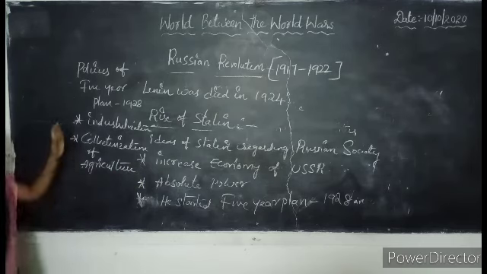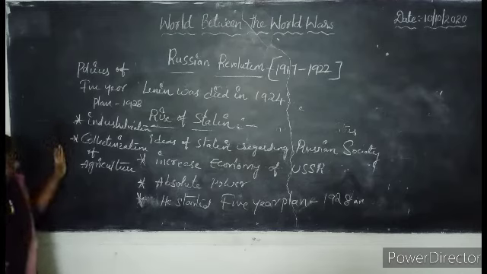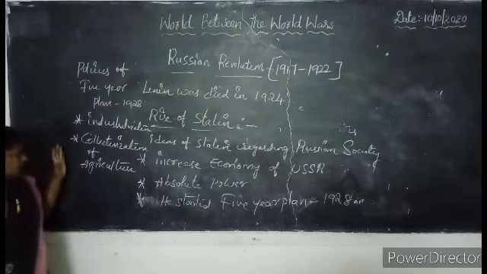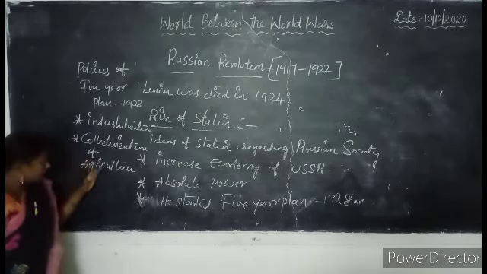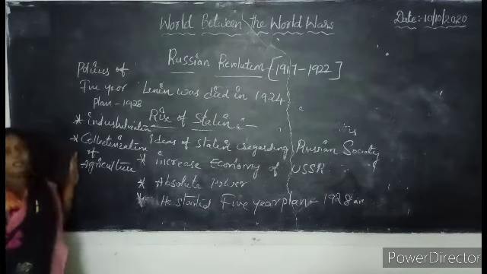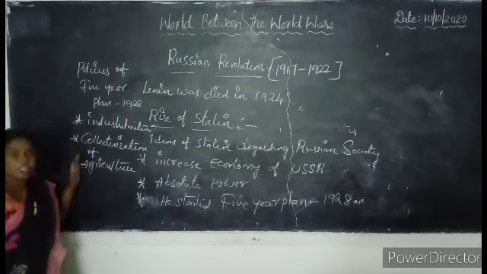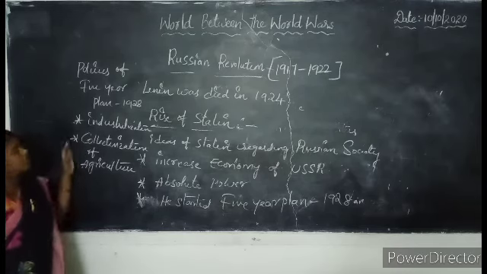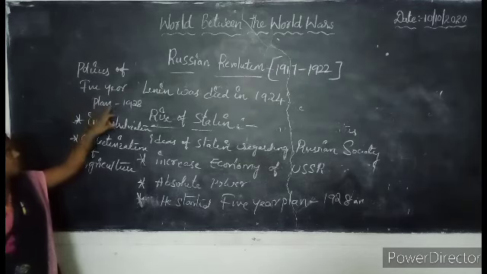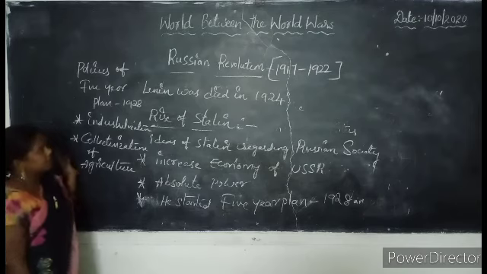He wanted to increase the industries in Russian society, and at the same time bring all the land under agriculture as one, and the cultivation must be done collectively. This was started by Stalin in the year 1928 in Russian society.